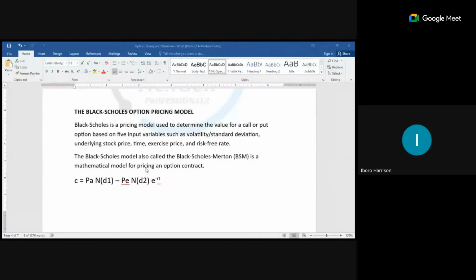Good evening, sir. Please, I would like to know, because this formula here is different from the one in the ICAN formula sheet, and most times it's confusing.